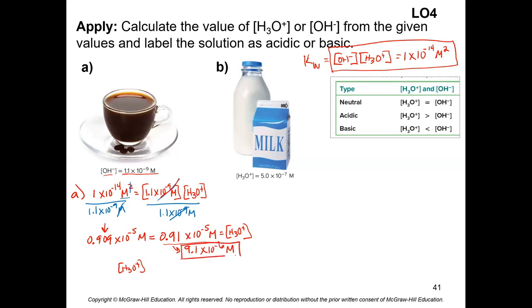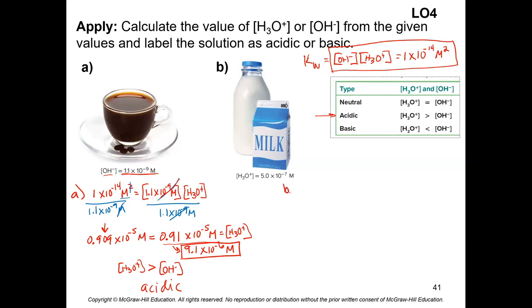This is the correct answer. So my hydronium ions are going to be greater than my hydroxide ions, which is 1.1 times 10 to the negative 9. Okay. So what this means is that we have an acidic solution. This is going to be acidic, because my H3O plus ions are at a higher concentration than my OH minus.